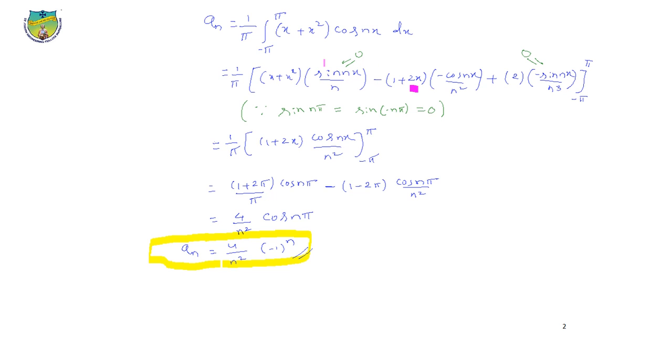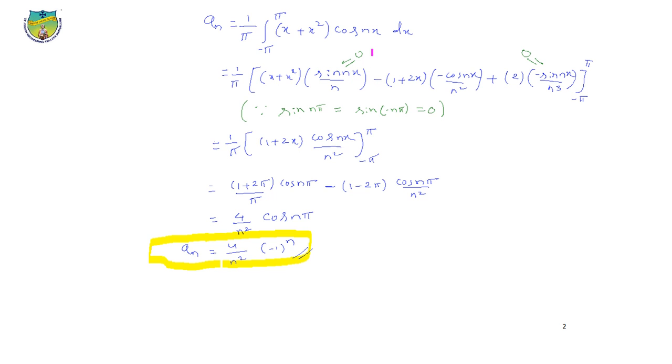Now integration of sin nx is minus cos nx by n, but already one n is there, so it becomes minus cos nx by n square. Next, continuing the integration by parts, we put alternate signs: plus here, minus here, plus here. The derivative of 1 is 0, and the derivative of 2x is 2. Minus cos nx, integration is minus sin nx divided by n cube now. Already n square is there, one more n will come in the denominator.